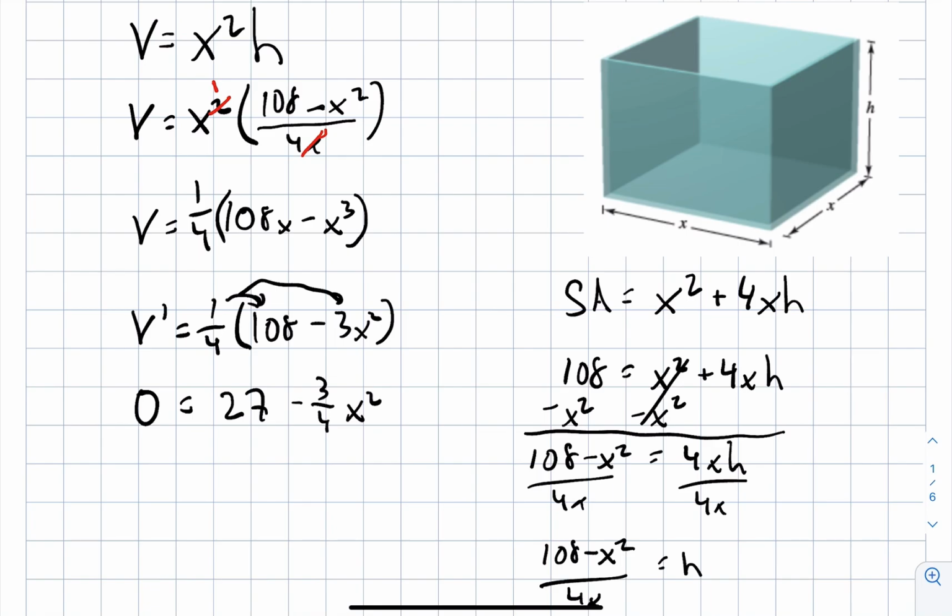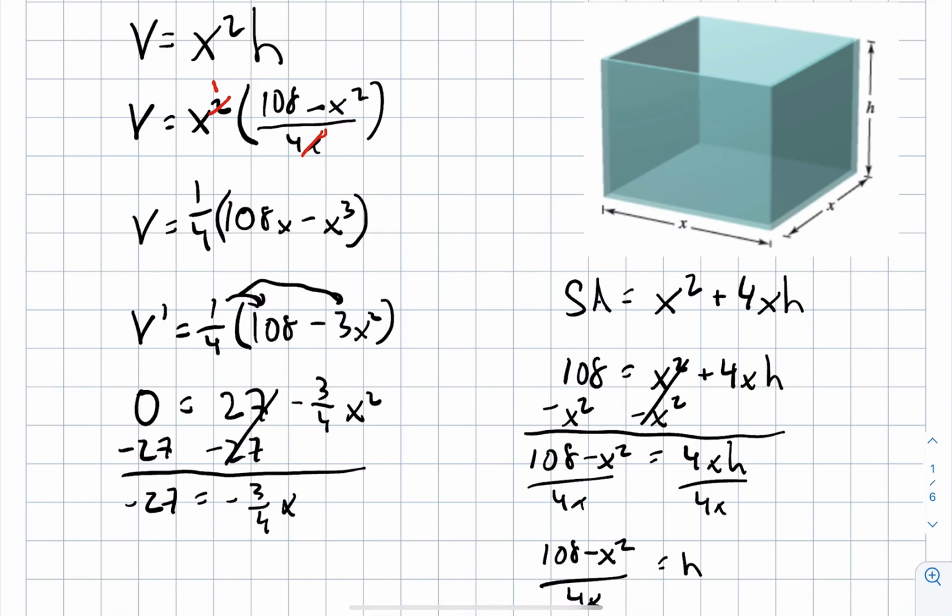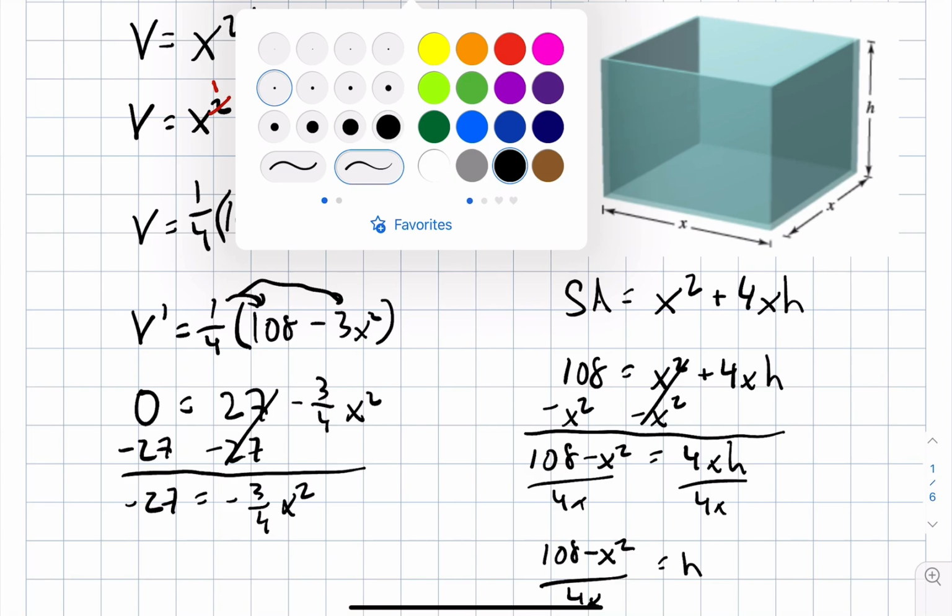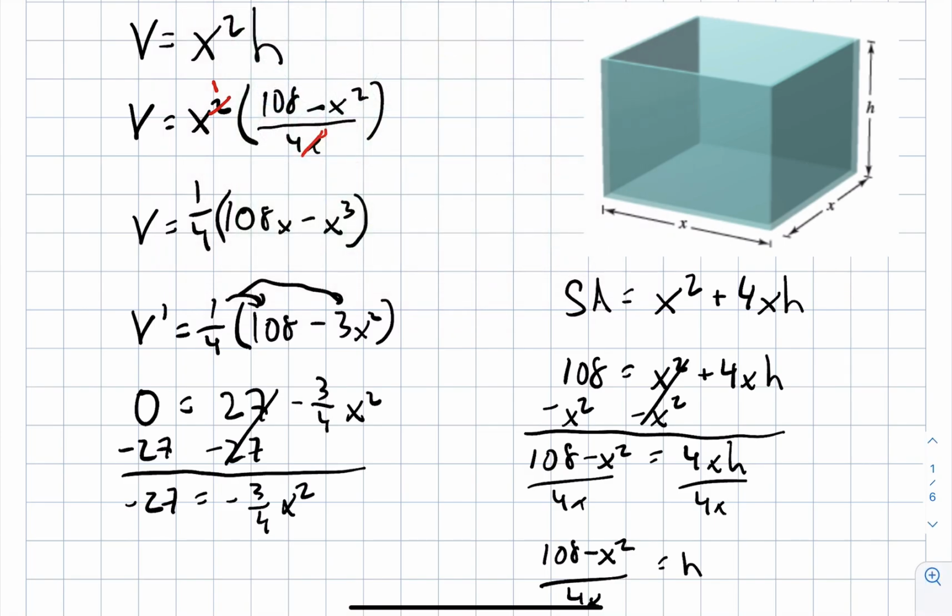Okay. All right, getting the x alone now, we can subtract 27 from both sides. So we have -27 equals -3/4 x squared. Change up the color here just so you can see exactly what's happening. So now to get the x squared alone, let's multiply both sides by the reciprocal. So we're going to go -4/3 on both sides.